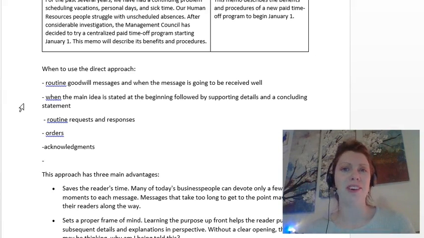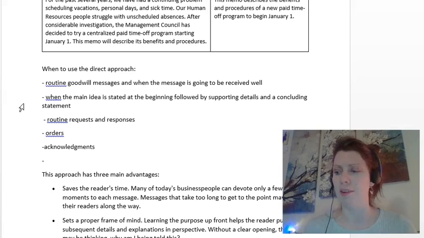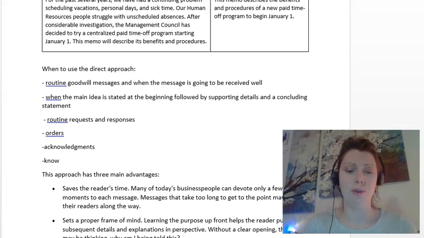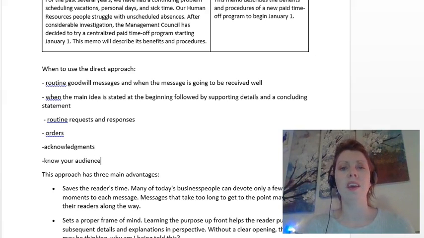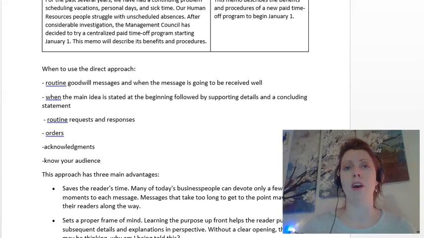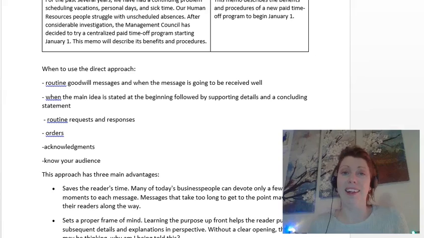But usually when you're acknowledging someone for something, you bring up their name close to the beginning and you say why you're acknowledging them. And of course, this is also used when you know your audience. So if you're speaking with a friend or someone, even your boss, if you're comfortable with them, and it's about something they should receive well, then direct approach.